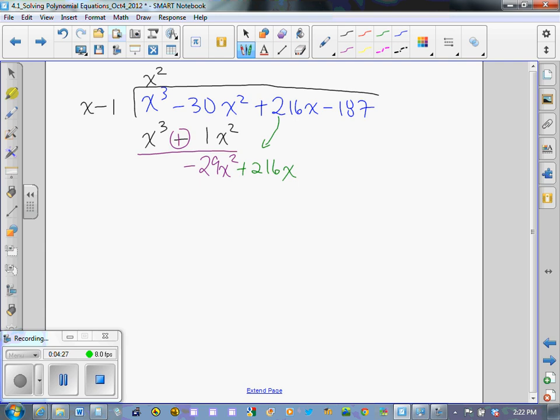So we would need to distribute x over minus 29x, and that's going to produce for us minus 29 x squared, and minus 1 times minus 29, or plus 29x. So we'll go ahead and subtract those values. We're going to get rid of the squared term that's there, and then we'll have to deal with the x terms.